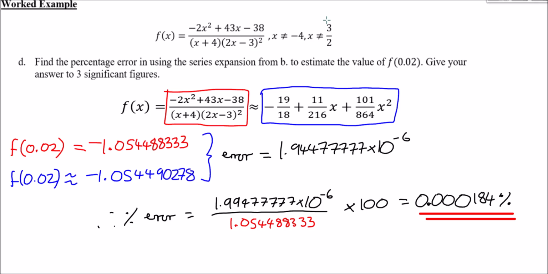So the best approximation is when the magnitude of x is much smaller in terms of relative size than the limits of the range of validity. So 0.02 is tiny. 0.01 would give an even better approximation. So that's just a bit of colour commentary for you there.